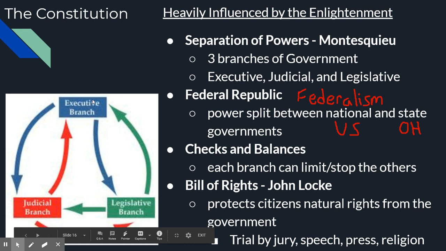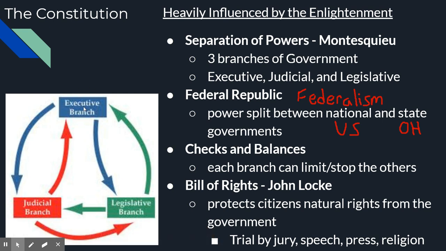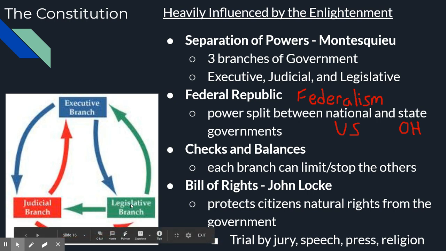And if the president tries to do something that the judicial branch thinks is unconstitutional and goes against the Constitution, they can declare it unconstitutional and the president can't do it. There's a lot more checks and balances than that, but it just kind of shows that all these branches can stop each other from doing something so none of them get too much power.